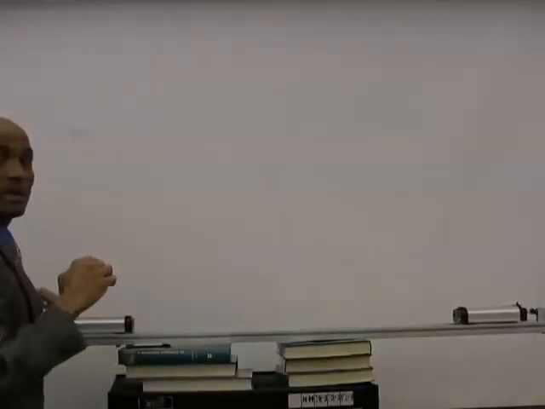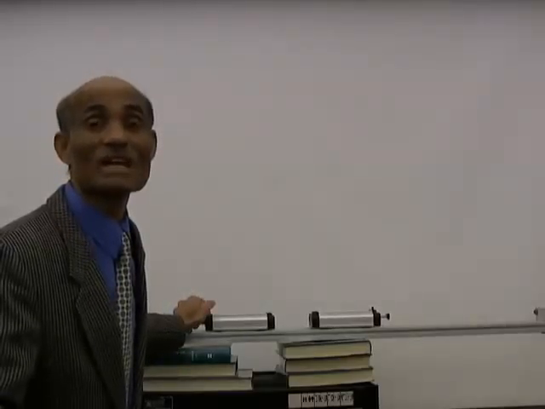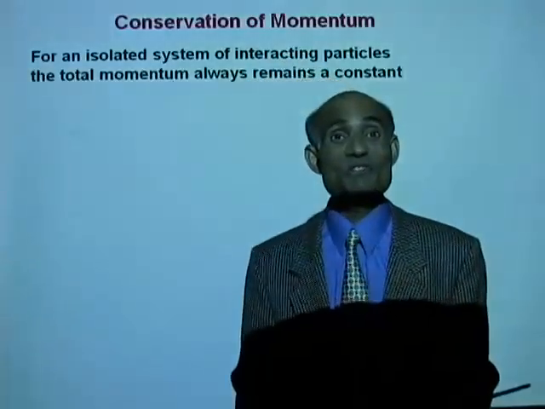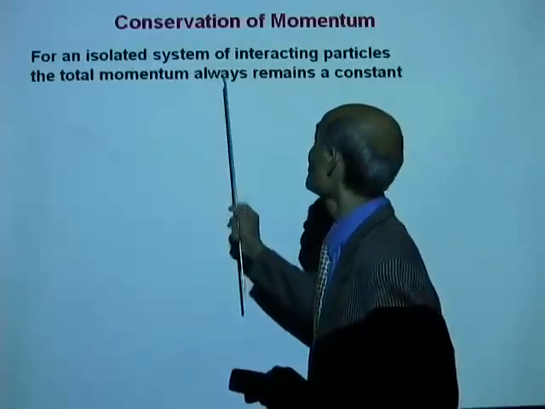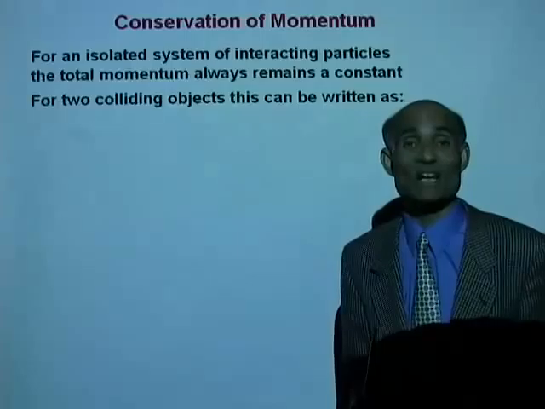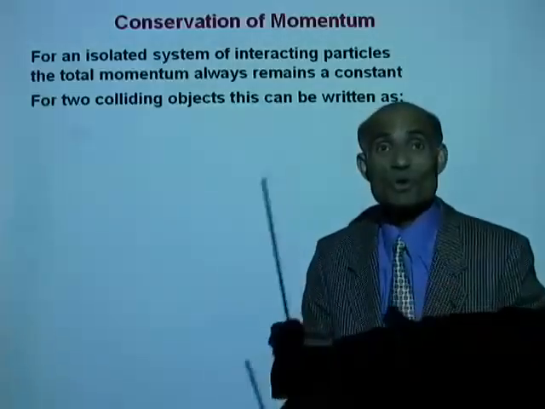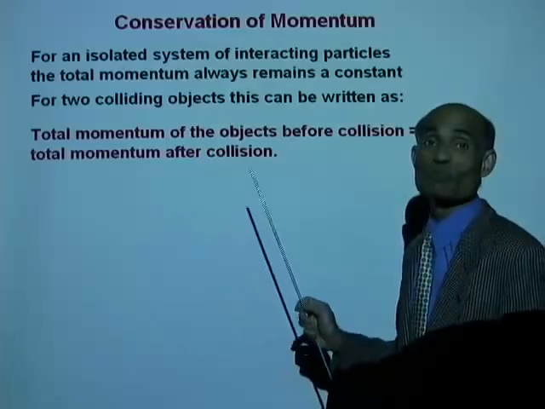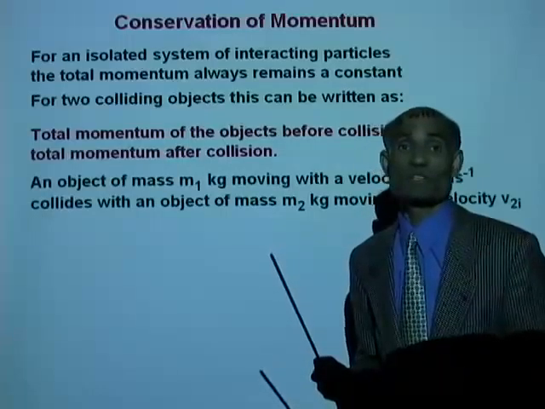The total momentum before collision equals the total momentum after collision. And that is the statement of the conservation of momentum. For an isolated system of interacting particles, the total momentum always remains a constant. And if you now take the case of two colliding objects, we can say total momentum of the objects before collision equals total momentum after collision.